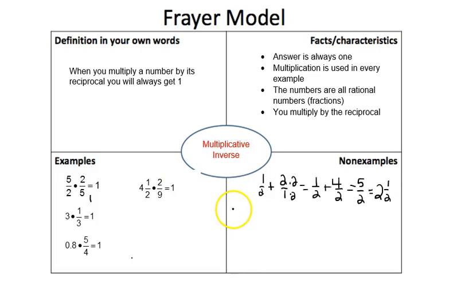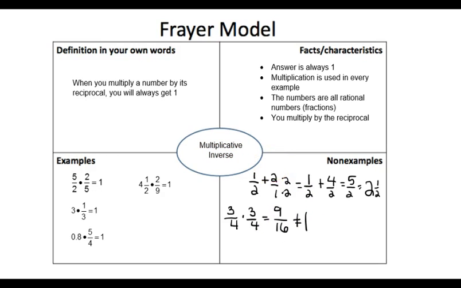Another non-example would be 3/4 times 3/4. Well, I do not have reciprocals right here, so that's one reason it wouldn't work. And I also won't get the product of 1, because 3 times 3 is 9, and 4 times 4 is 16. That's not 1. Let's see why division wouldn't work.